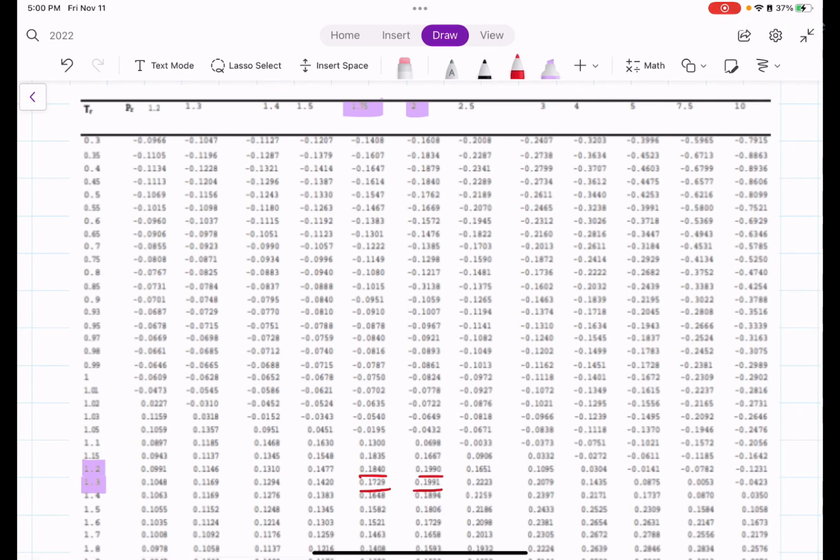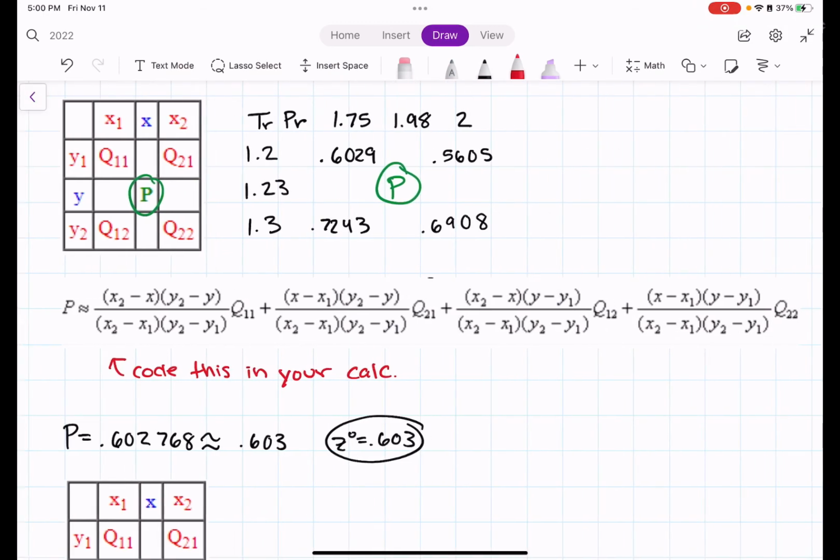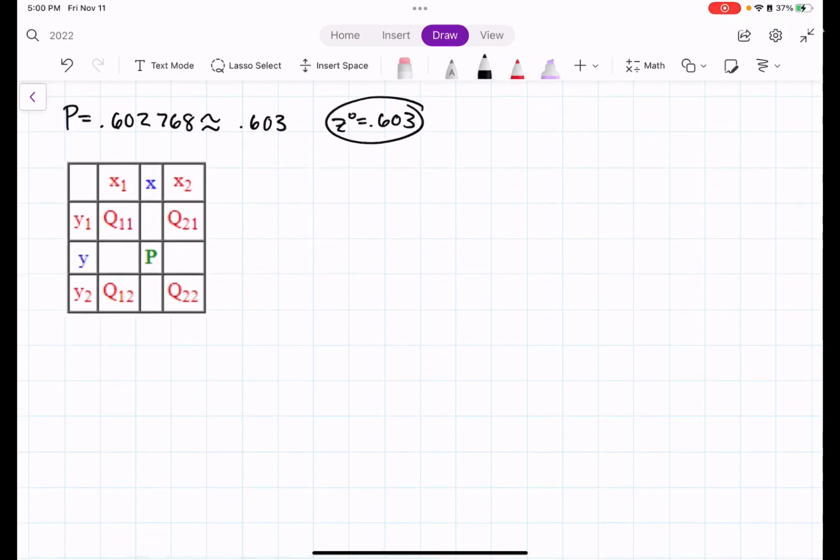Now let's do the double interpolation in order to figure out what Z prime is at our TR and PR values. We do it the exact same way we did it with Z naught. Let's remind ourselves that our TR was 1.23 and our PR was 1.98.